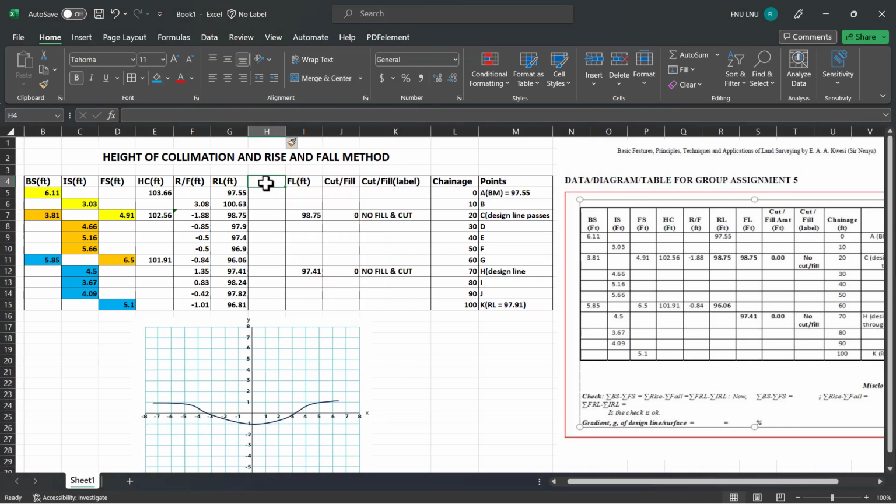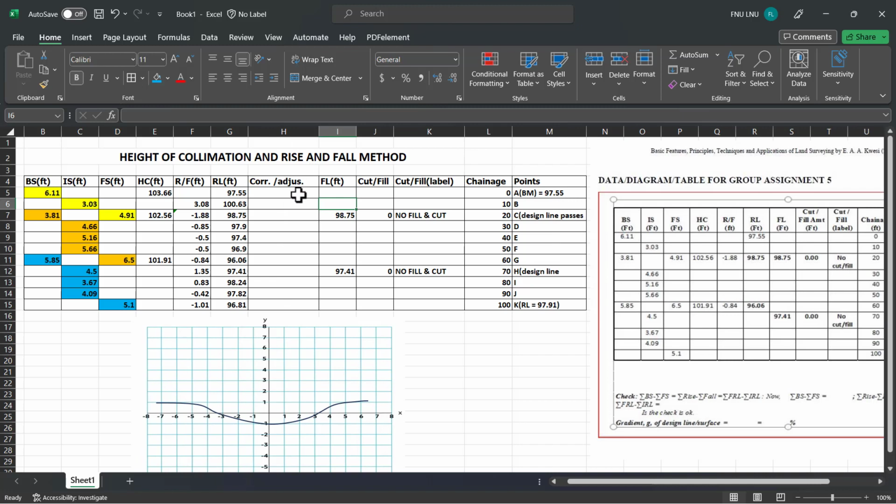So here will be our correction or adjustment. Now this was when we started our leveling. So the correction here, or adjustment here, will be 0.